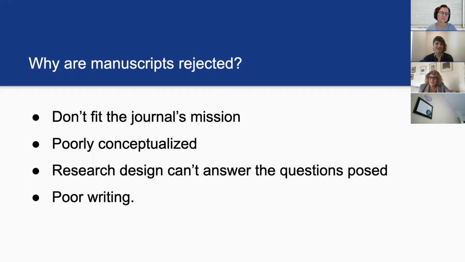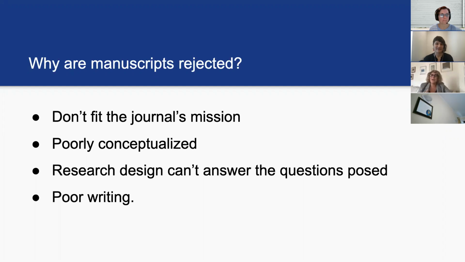The second reason they're rejected, and these are going to go back to things you've heard in your grad school courses or that we all know, but I can't say it strongly enough: your paper has to be well conceptualized. You can't have writing that's flying all over the place.